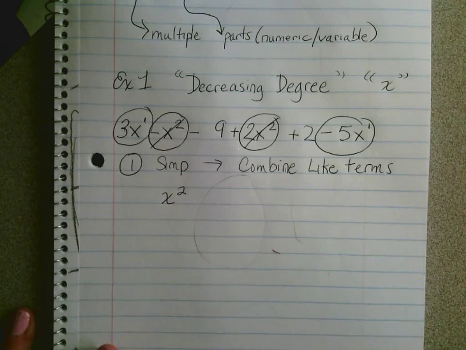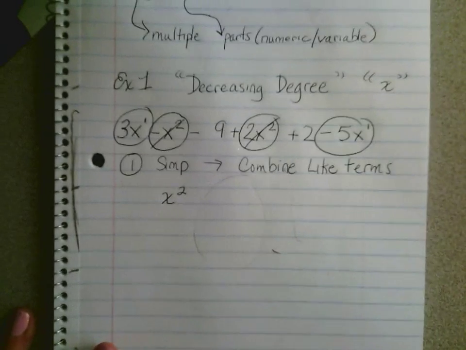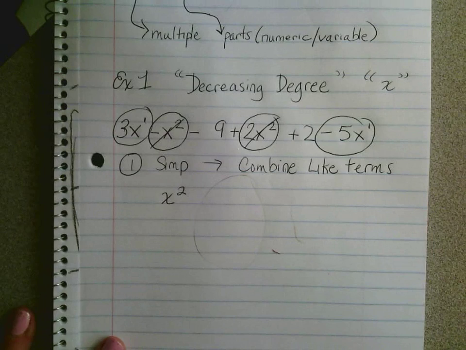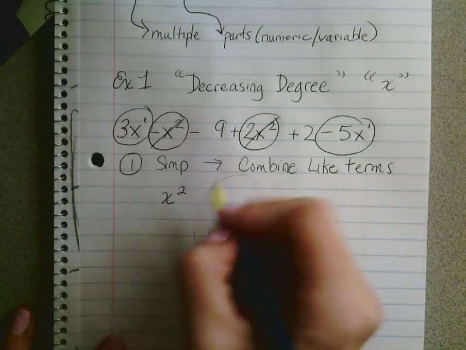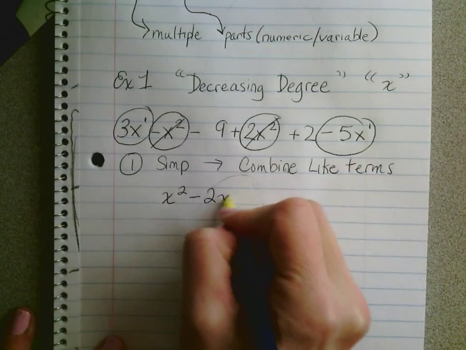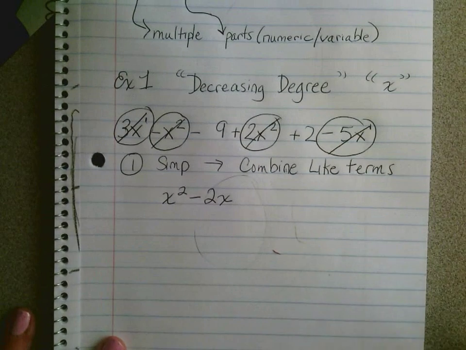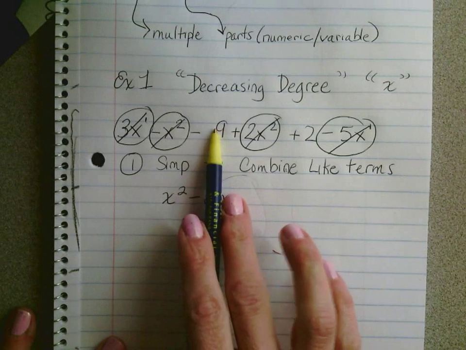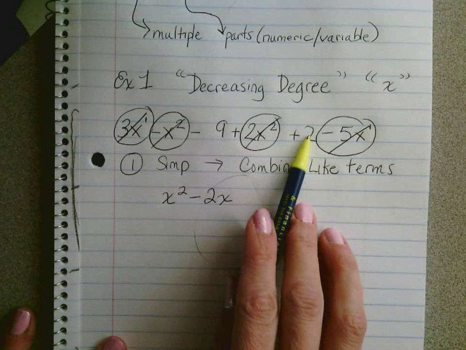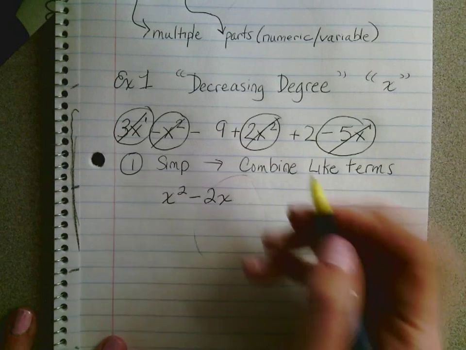So negative 5 and a 3x is how many x? Yep, good. Finally, my constants, a negative 9 and a positive 2. What's the result of that combination?